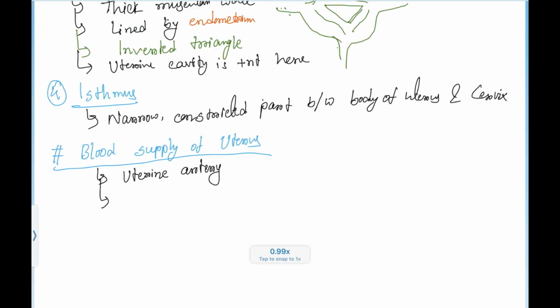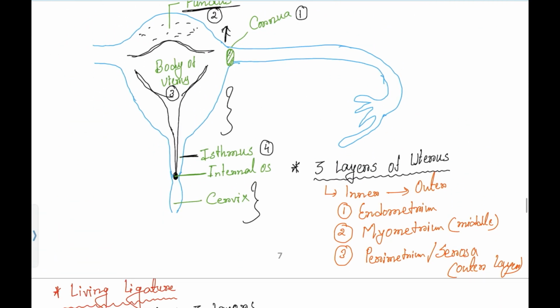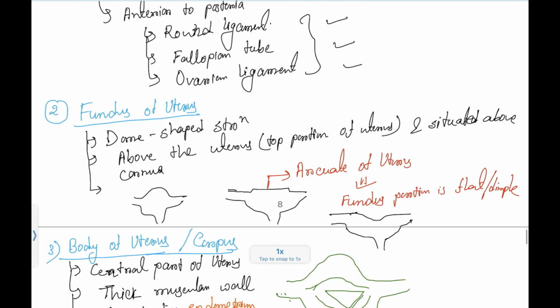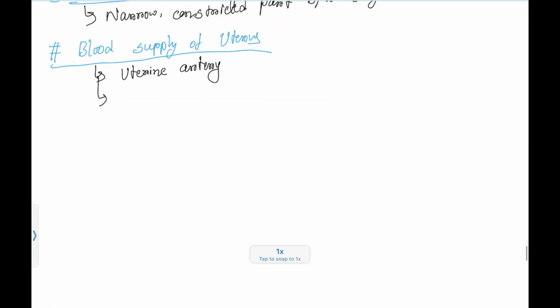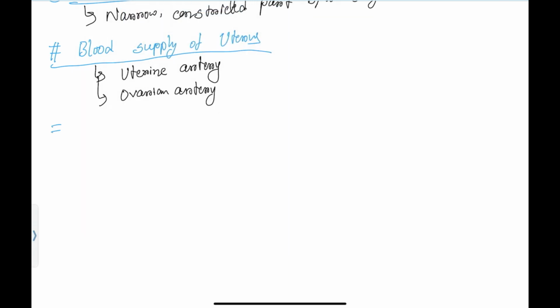And as this uterus is adjacent to the ovary, it will also be supplied by your ovarian artery.